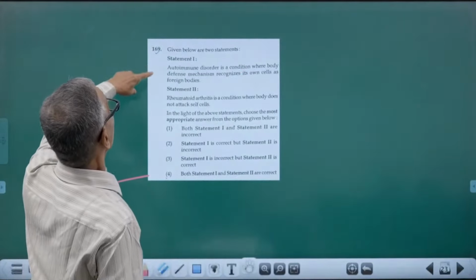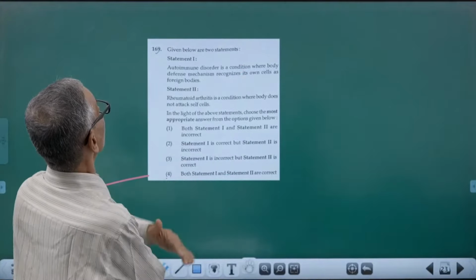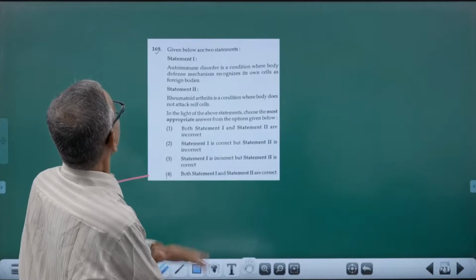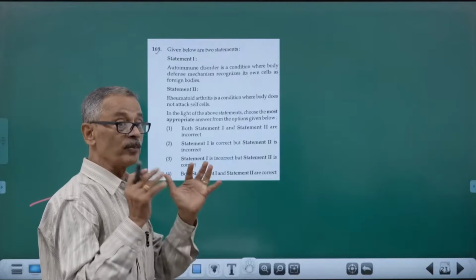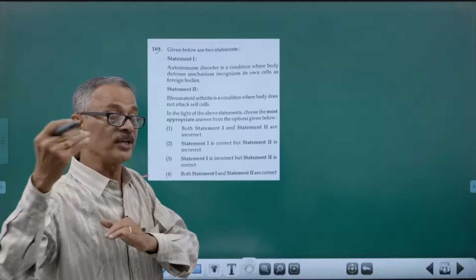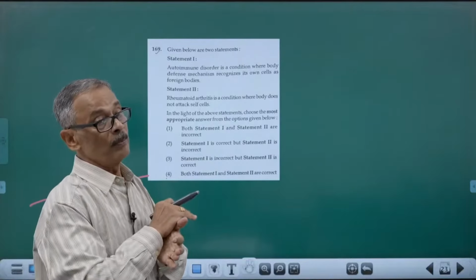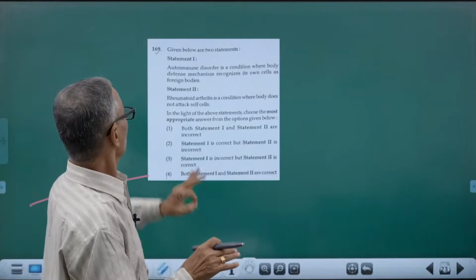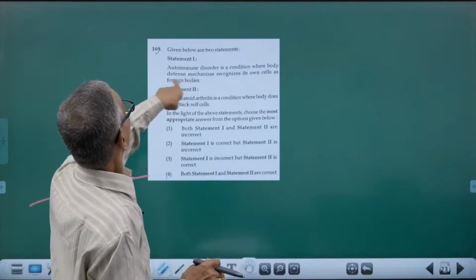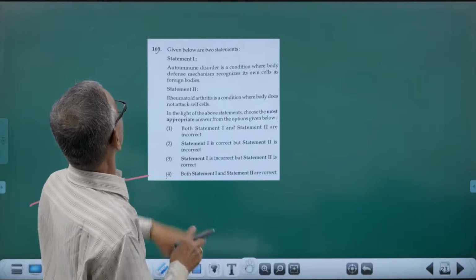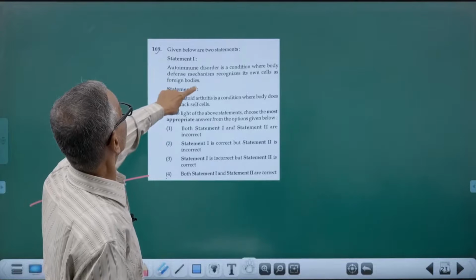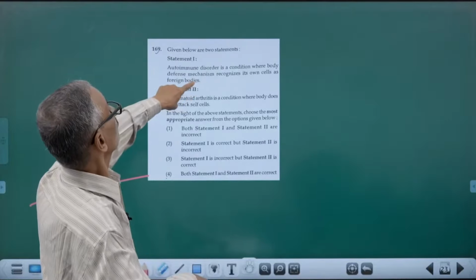Statement 1. Autoimmune disease is a condition where the body defense mechanism recognizes its own cells as foreign. Normally, our immune system will be recognizing our own body cells and differentiate them from non-body cells, self from non-self. Here, the statement is a correct one because in an autoimmune disorder, the body defense mechanism is attacking our own body cells.